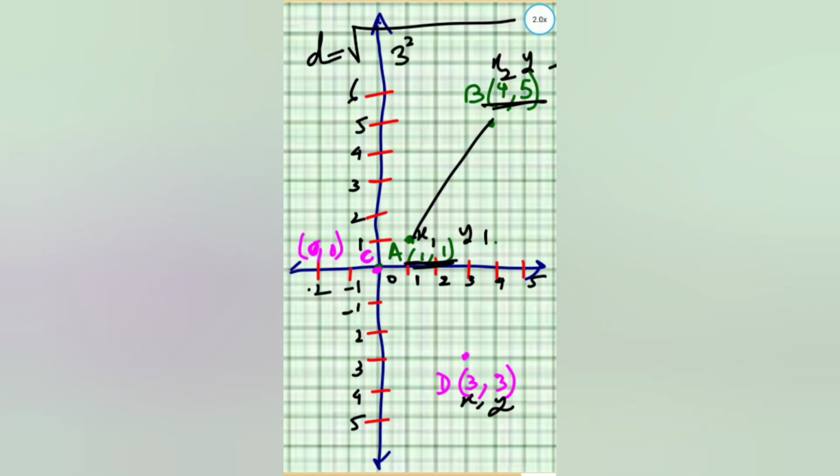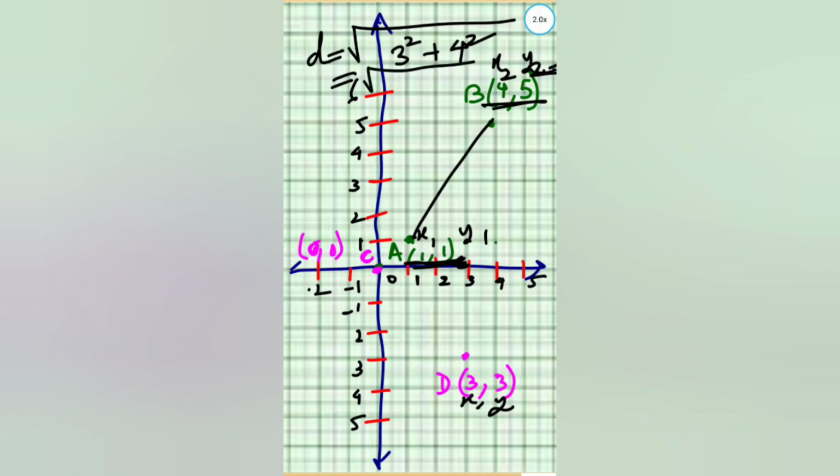So square. Plus, next is y2 minus y1. Now y2 is how much? Look here, y2 is 5. And y1 is how much? 1. 5 minus 1 is 4. So 4 square. How much do you get?